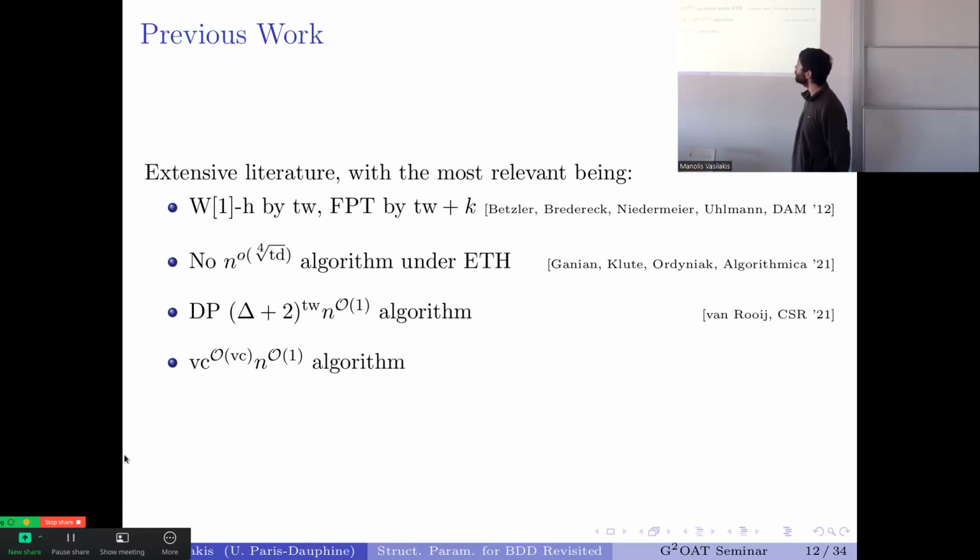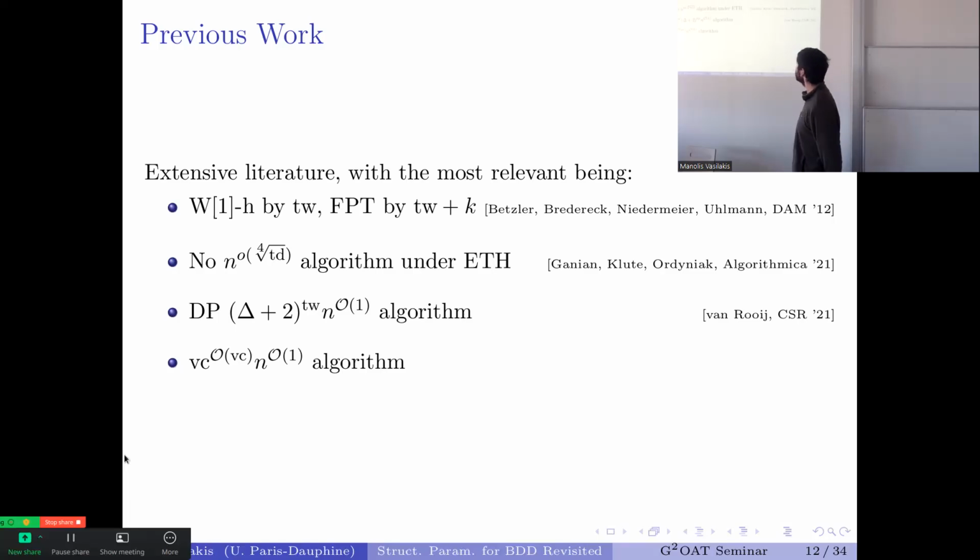I am actually cheating a bit: they did not just prove that the problem is W1-hard by tree depth, but the result was stronger. As a corollary, after a series of reductions, they show that we cannot solve the problem in that running time under the ETH. So we have such a lower bound coming from this paper.